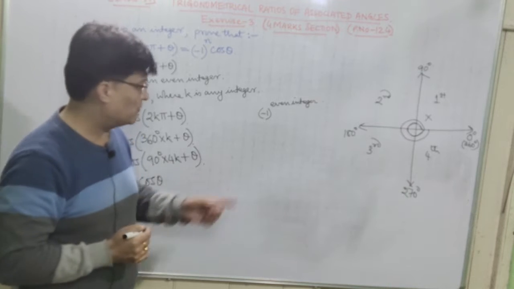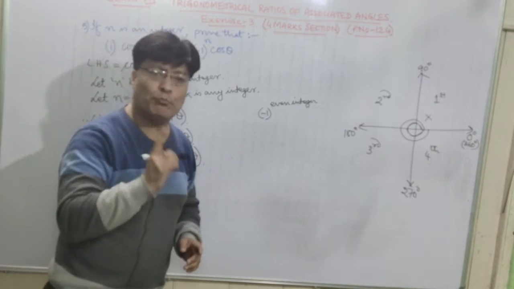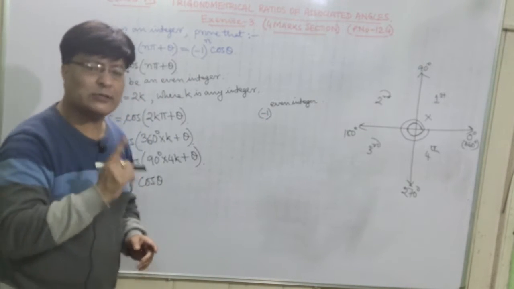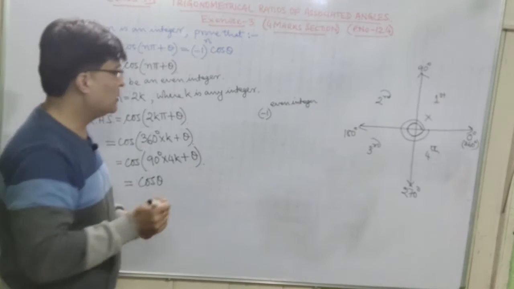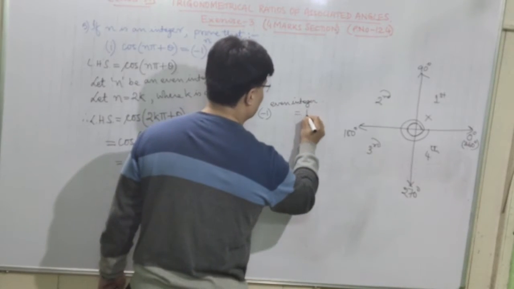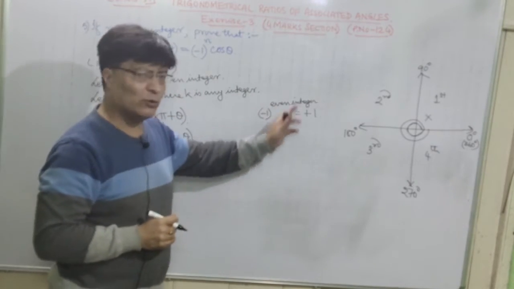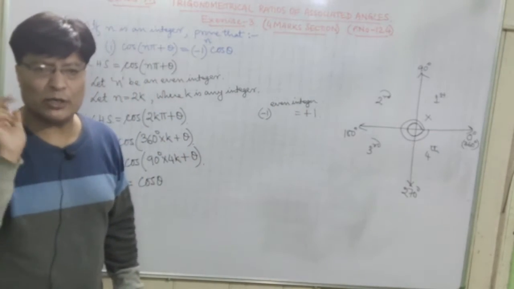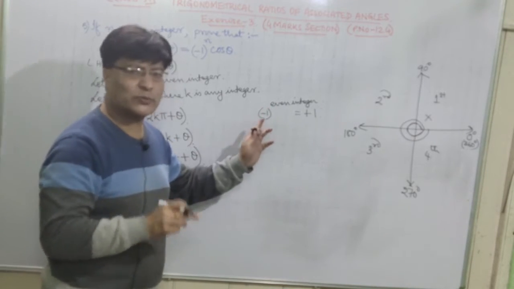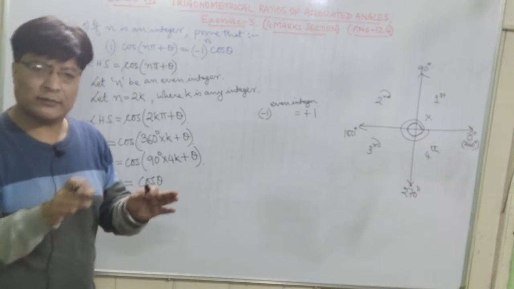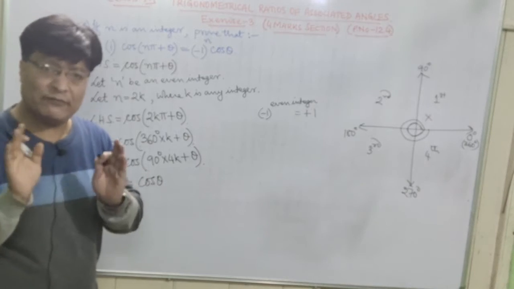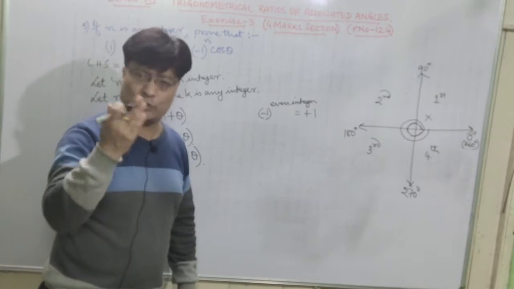If this minus 1 is multiplied an even number of times, then it will be plus 1, isn't it? If it is (-1)², minus 1 into minus 1 is plus 1. If it is 4, minus 1 into minus 1 into minus 1 into minus 1, the minus sign is multiplied an even number of times, so it is also plus 1, and so on.